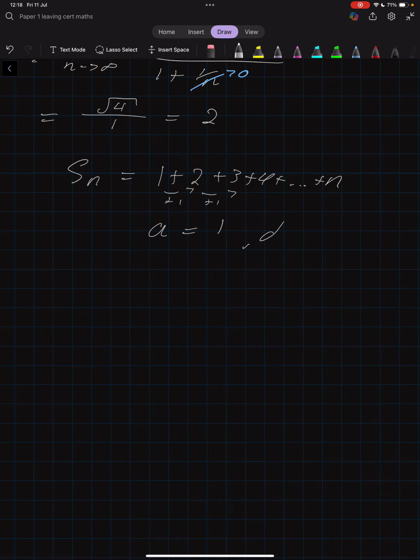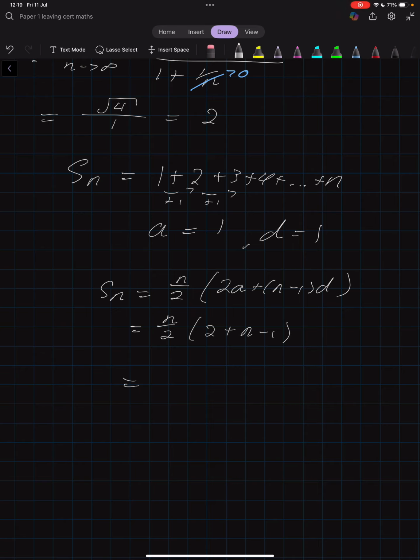Okay, so in this case, your common difference is 1. So what's Sn for a linear sequence? Sn is n over 2 into 2a plus n minus 1 times d. So this is equal to n over 2 into, it's going to be 2 plus n minus 1. So this will simplify down to n squared plus n over 2.